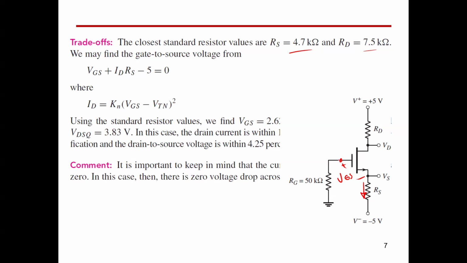So he got the loop from this point to that point. Okay, where ID equals Kn times VGS minus VTN squared.